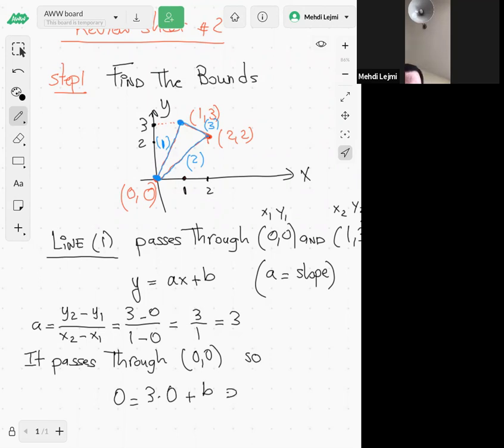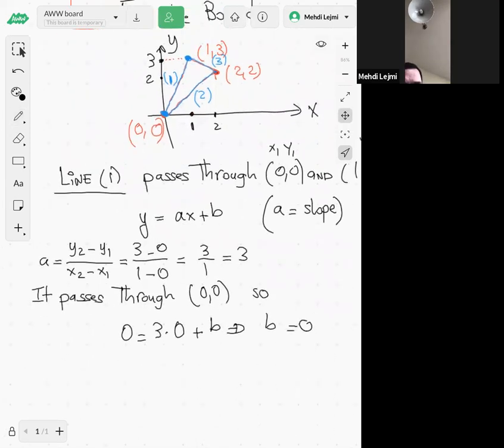Okay, so then b is just 0. All right, so then the first equation is y equals 3x. If x is 0, y is 0. If x is 1, then y is 3, right?